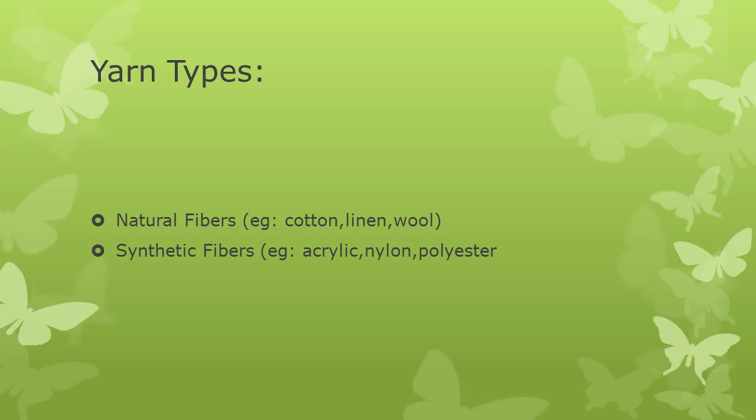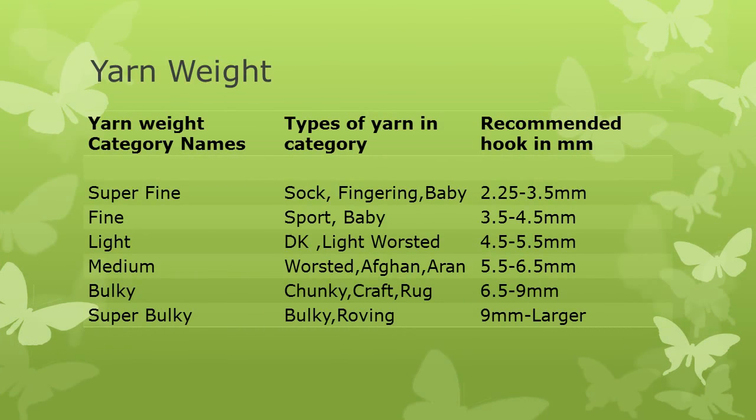Yarn weight. Depending upon the thickness of a single strand of yarn, the yarn weight is determined. It refers to the thickness or bulkiness of a strand of yarn. The Craft Yarn Council has established the general and industry accepted standard categories of yarn weights.